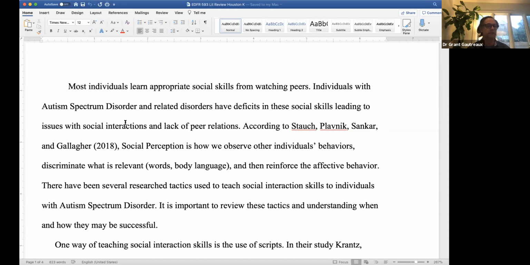That's not what a literature review is about. A literature review is about you telling a story and using the literature to back up that story. And the story is, how did you come to this point with deciding that this is going to be the tactic you will test for this person under these conditions? How did you get there?